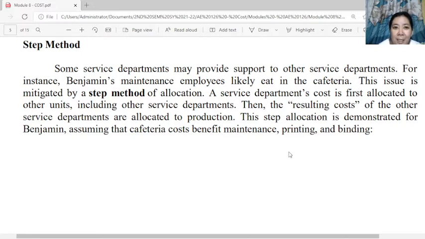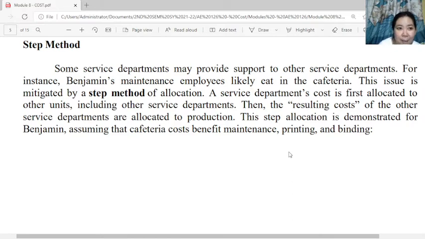Therefore, it is logical that the maintenance department, although it is part of the service departments as well, be allocated also the cost from the cafeteria, because again, the employees from the maintenance department also eat in the cafeteria. Then the resulting cost of the other service departments is allocated to production. This step allocation is demonstrated for Benjamin, assuming that the cafeteria cost benefits maintenance, printing, and binding.